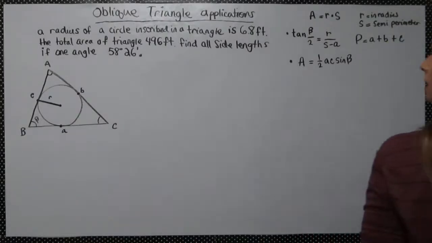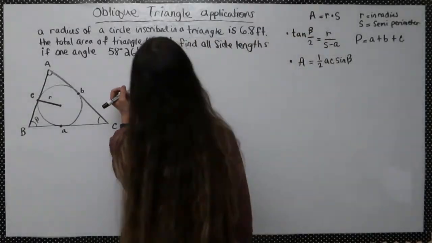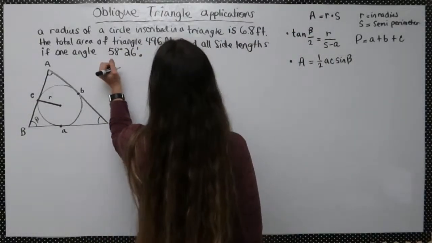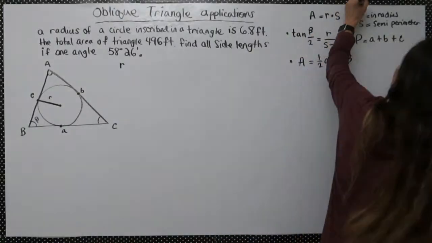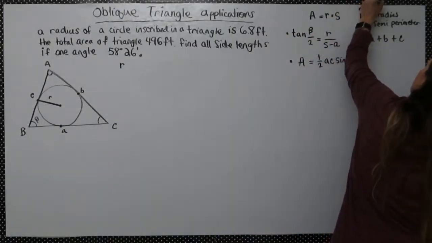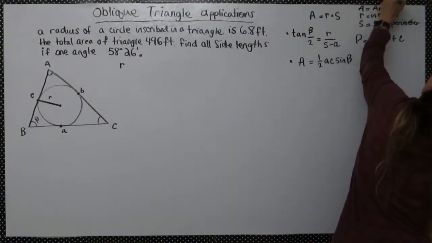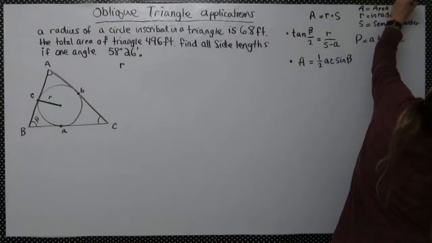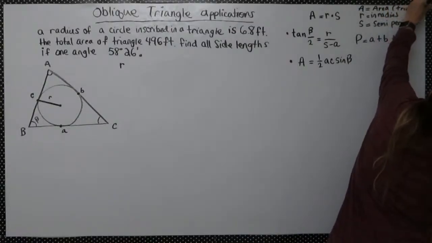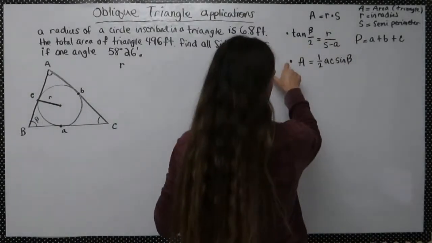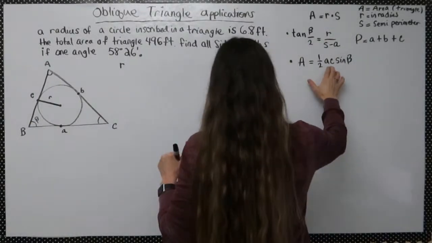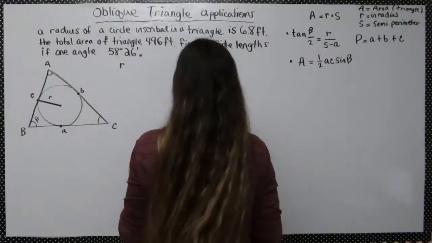All right, so I'm going to go ahead and list my values here and try to stay organized. So my inradius, here, let me put this up here real quick. A equals area of triangle. So I missed that value. This is a tangent half angle, and this is the area as expressed by a portion of the side lengths.